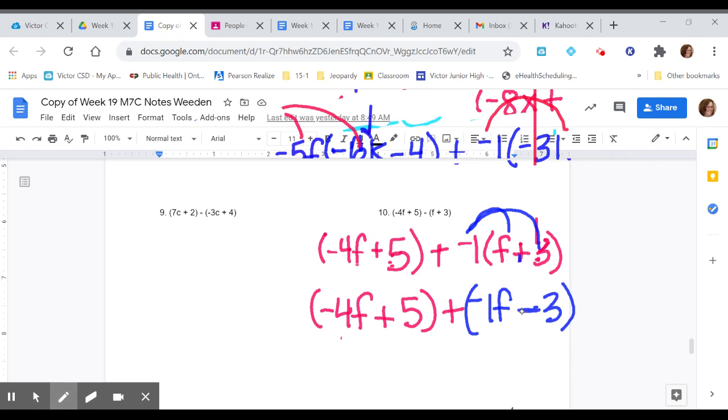There we go. Now we're going to combine our like terms. Negative 4f, negative 1f is negative 5f. Plus 5 minus 3 plus 2. I hope this helps.